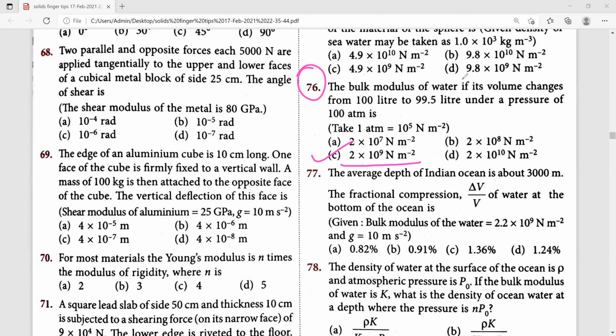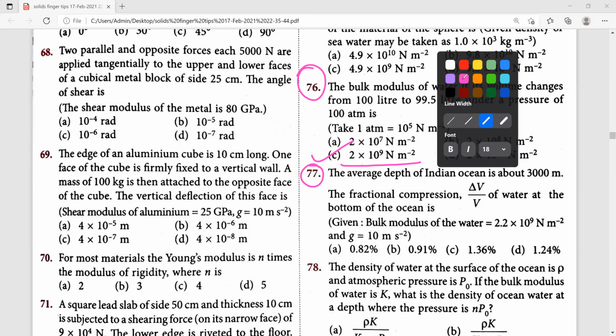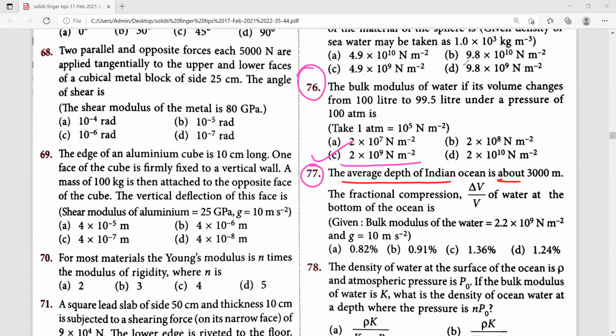Next, 77th one. Average depth of Indian Ocean is 3000 meter. Fractional compression, delta V by V, of water at the bottom of the ocean is? Bulk modulus of water they have given, that is 2.2 into 10 to the power of 9, and G value they have given.